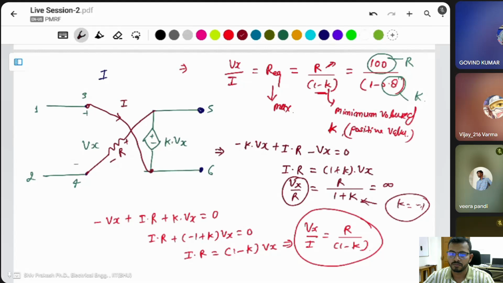It simply mentions 3 4 5 6, that's why there is confusion. But if you try this type of question, you have to take the polarity. This is a minus, this is a plus, this is a plus, this is a minus. Don't try to connect plus to minus, minus to plus.